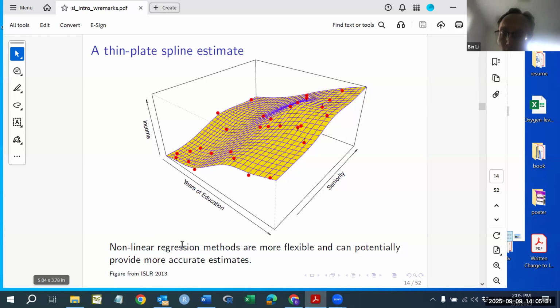So for nonlinear regression methods like thin plate splines, which are more flexible, they can potentially provide more accurate models. You can see in this case, most of the points are very close to the surface, and also the fitted curve is very smooth.